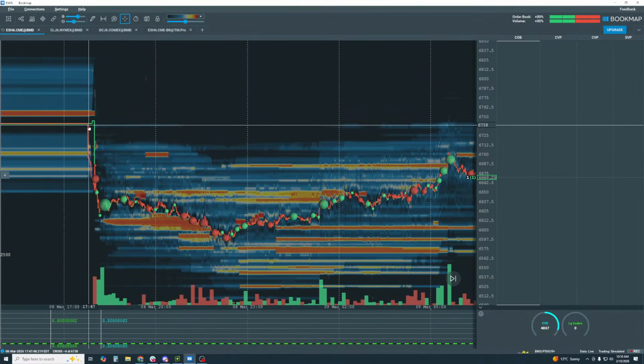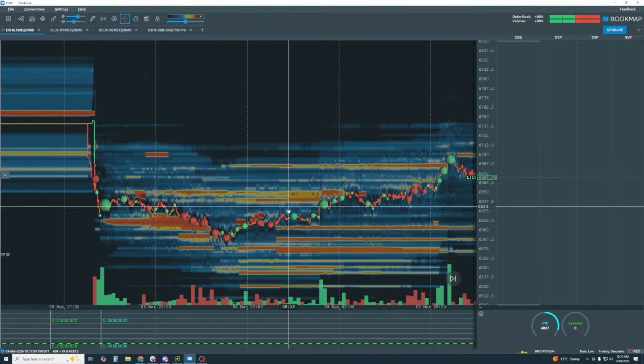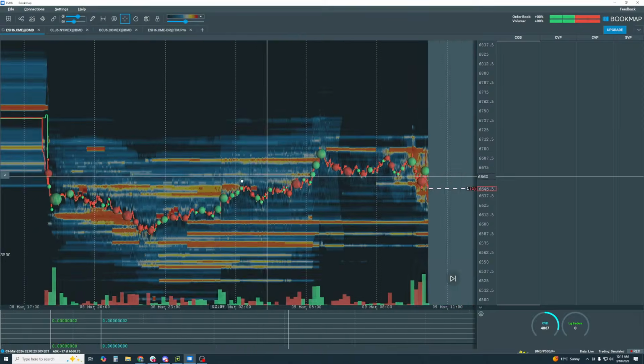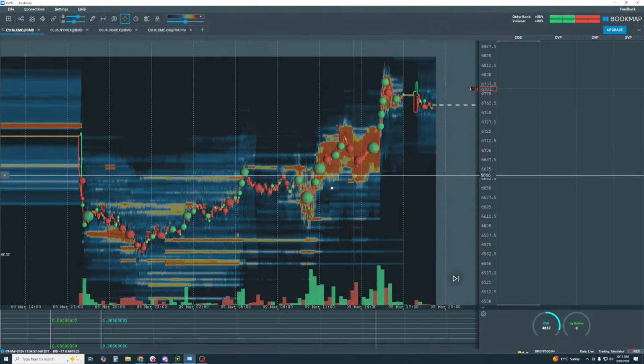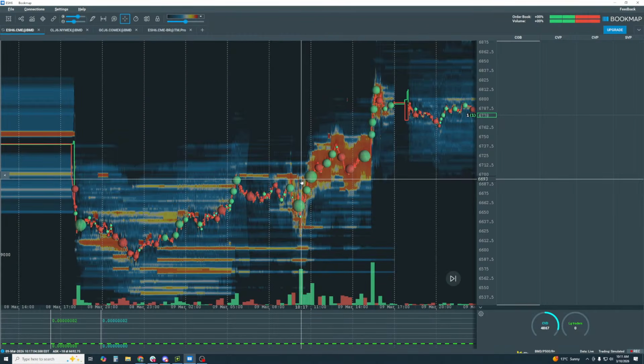Sunday evening on the way down, and then we can see this big move up here at the end of the day yesterday. This is the geopolitical risk in the news.